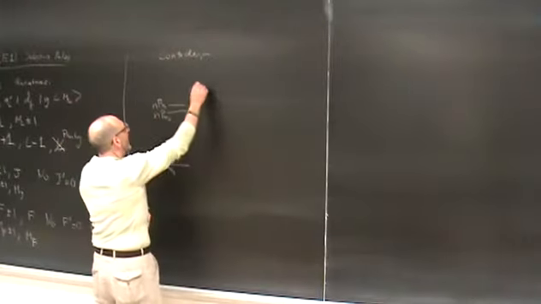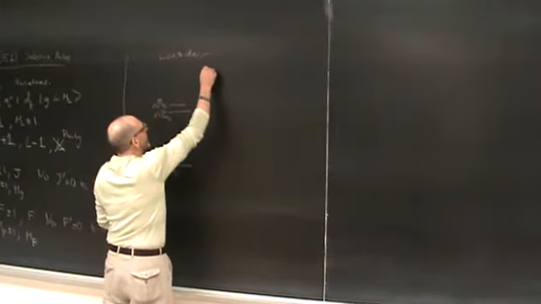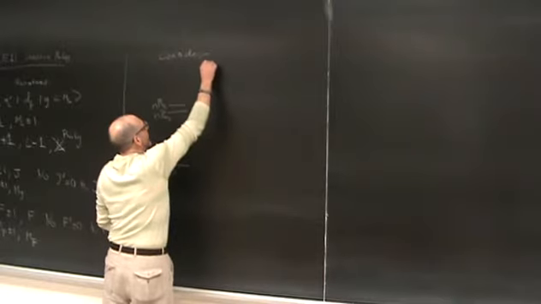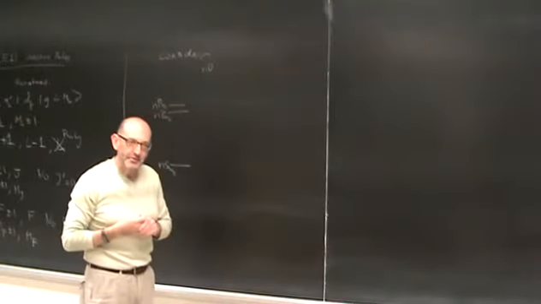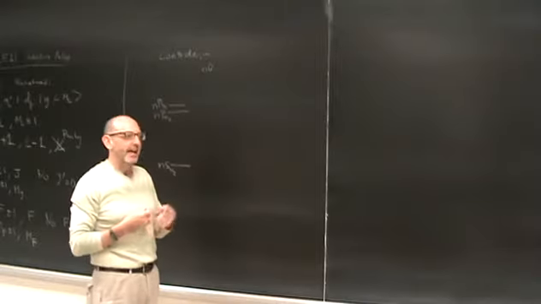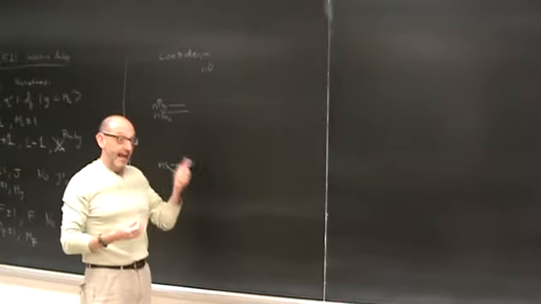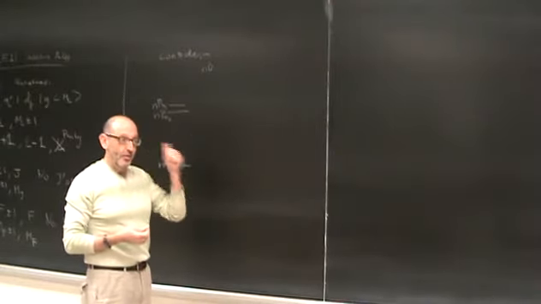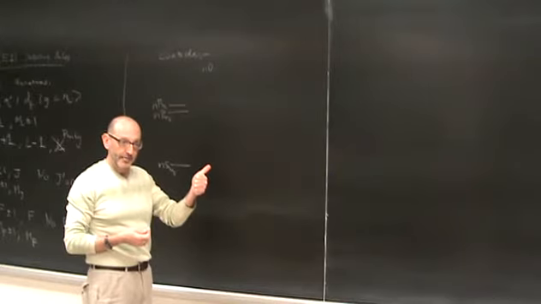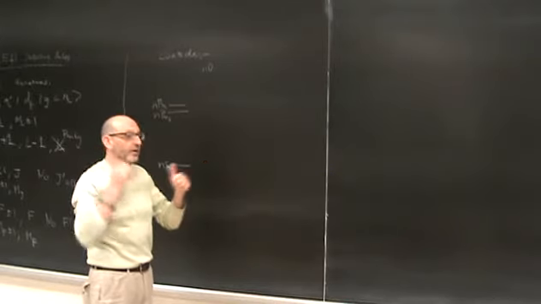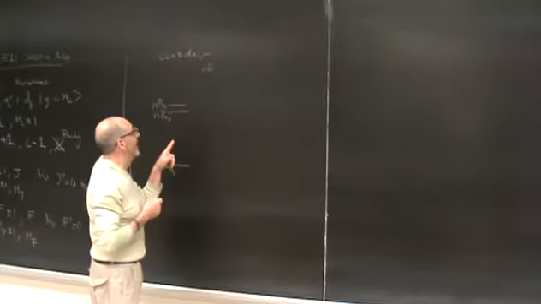Then up here, I might have a D state, which is L equals 2, right? And if L equals 2, an alkali has 1/2 unit of spin angular momentum for the electron. So what are the possible J values?